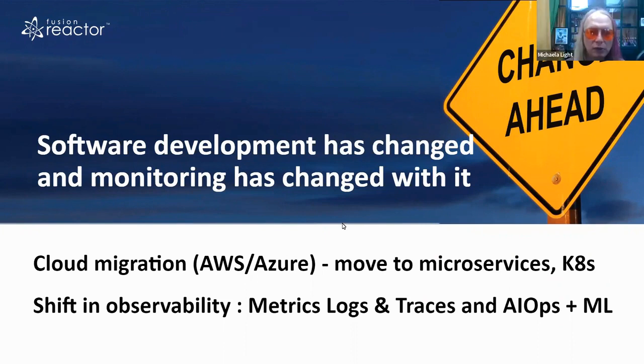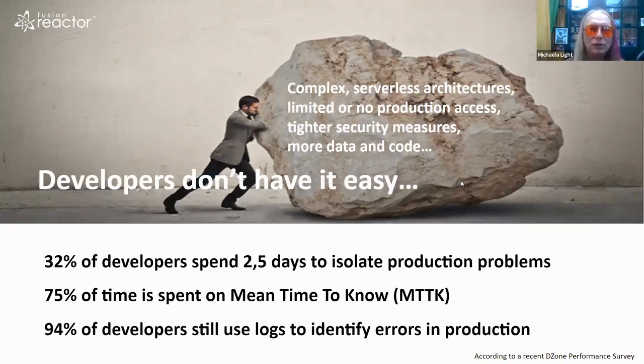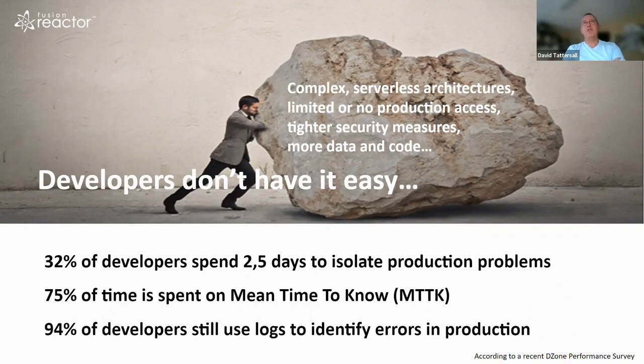Anyway, let's have a look at how things are for developers. Those poor developers, they're having to push huge stones around, so they don't have it easy. And why don't they have it easy? Well, 32% of developers who were surveyed told us that they spend at least 2.5 days to isolate production problems.